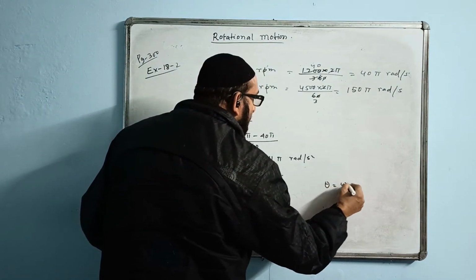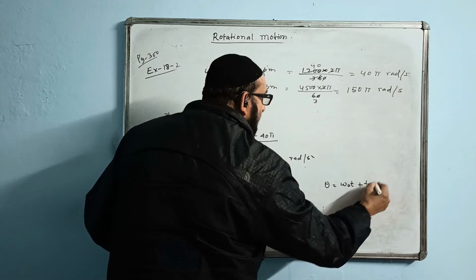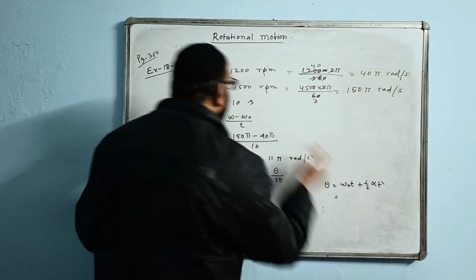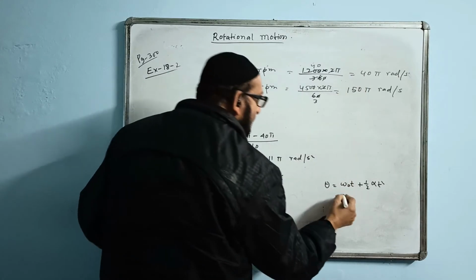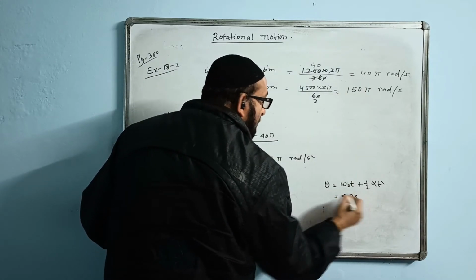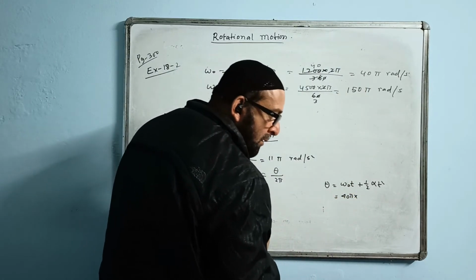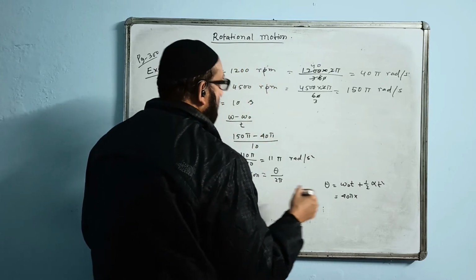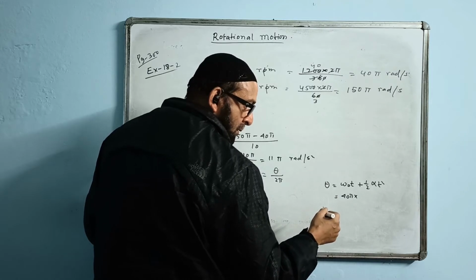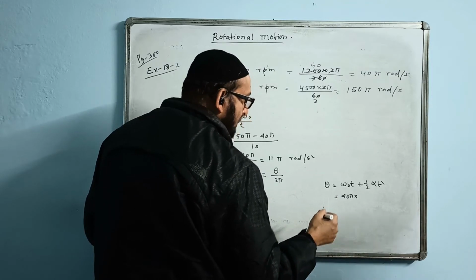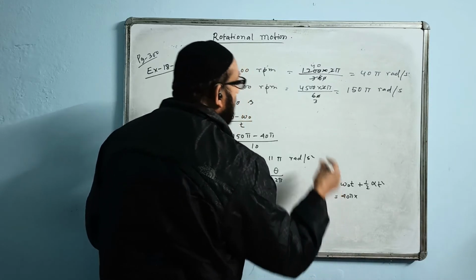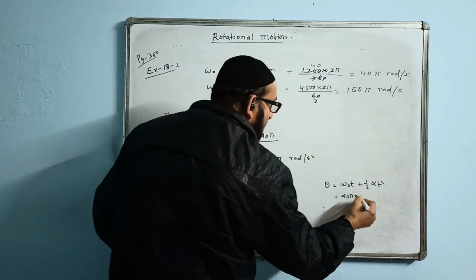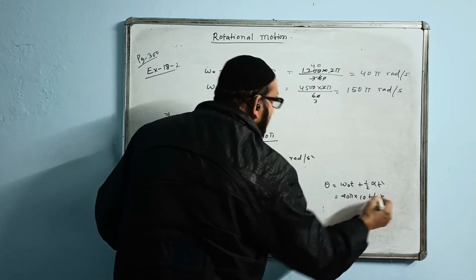For theta, formula we have omega naught t plus half alpha t square. Omega naught value is 40 pi into time, given in the question, 10 seconds, 10, plus half.